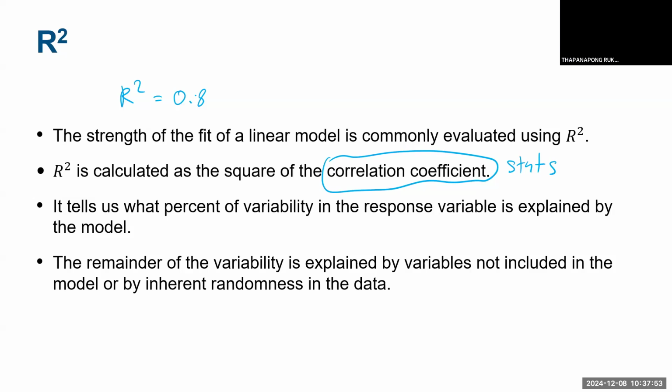And the rest, the other 20%, is just random noise. So R-square is actually a very good metric, a very good value when you want to report the spread of the data, like for a linear model. Right? R-square only works for the linear model.